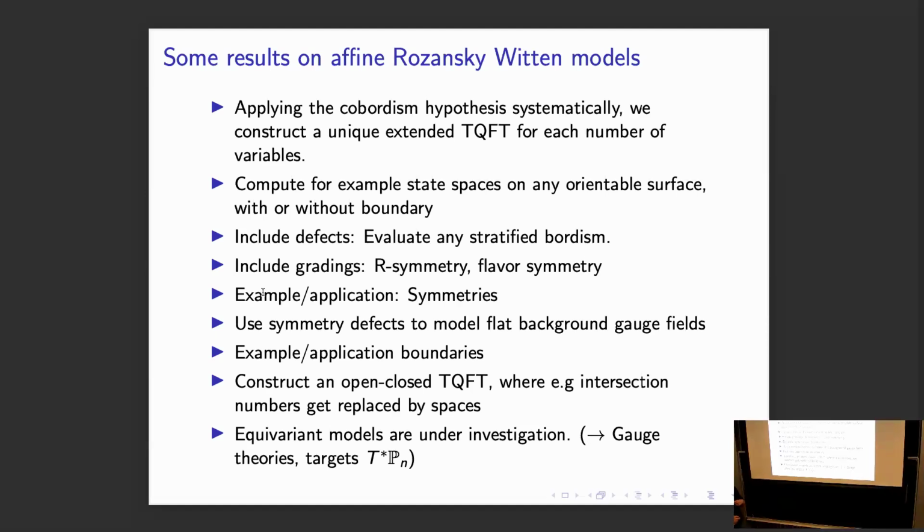Then indeed equivariant models are possible, and we are currently discussing them, and they would lead to gauge theories and more general targets of weighted T*Pn, where you can adjust different weights for the individual coordinates, and possibly also look at Grassmann versions of this for non-abelian groups.